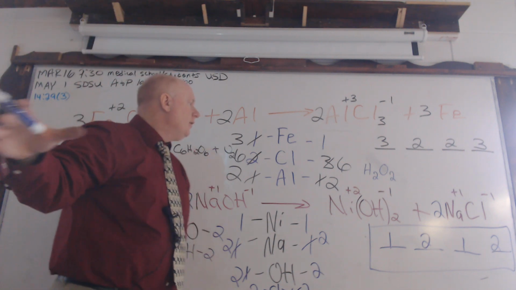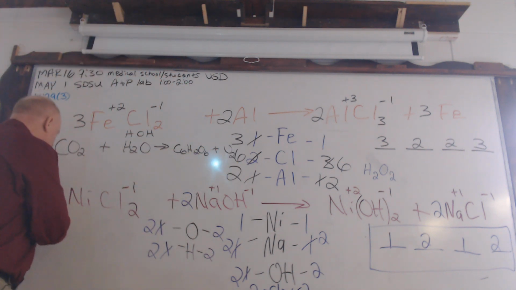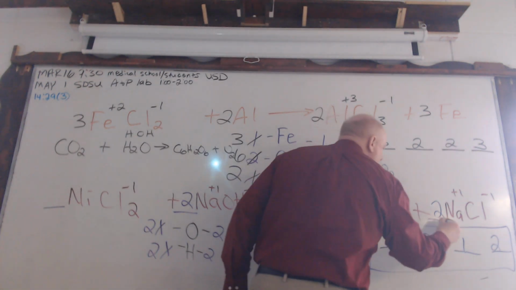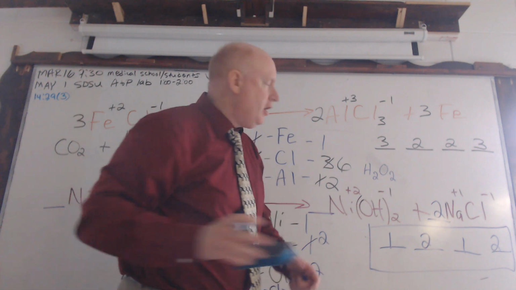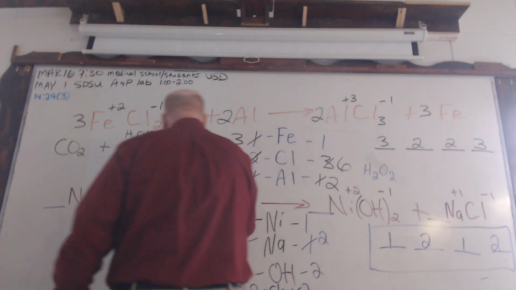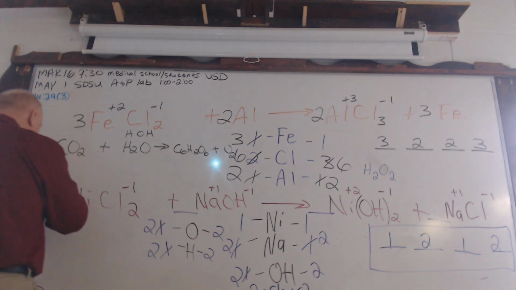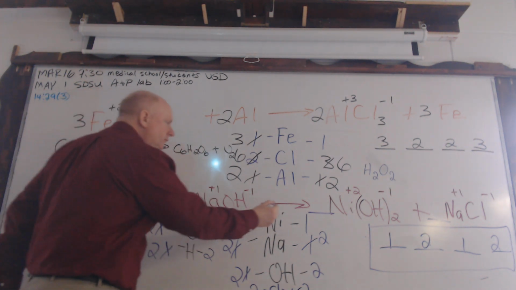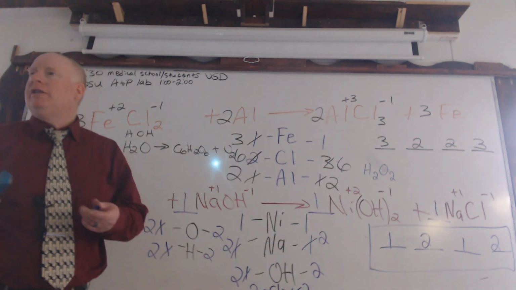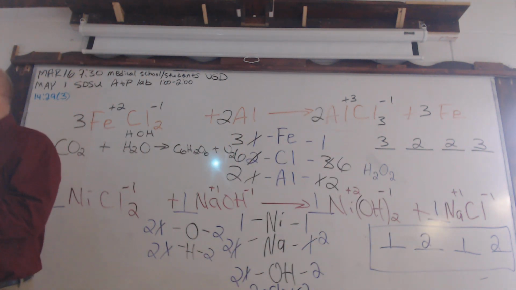Okay, so what had happened in front of each one of these, before we even started, there are 1s in front of these. Okay, so each one of these, there's a 1. Nothing has changed. Everything times 1 gives you what?